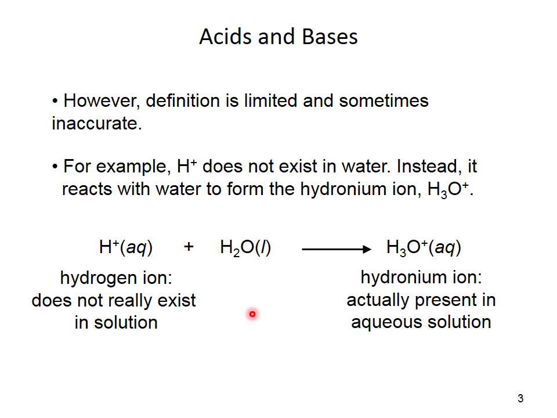Now, some people might prefer to look at the hydronium ion and it's more accurate, but a hydrogen ion is simpler. And so when we see a hydrogen ion, we will recognize it doesn't really exist in water, and what actually exists is the hydronium ion. Likewise, when you see the hydronium ion, you can think, oh, well, that's equivalent to a hydrogen ion.